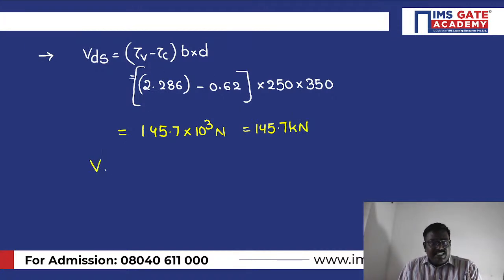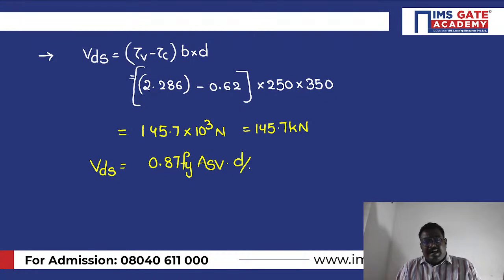Design shear force can also be calculated using the formula 0.87 fy Asv into d upon sv. Here, my dear students, what is the grade of steel? The grade of steel is 250.